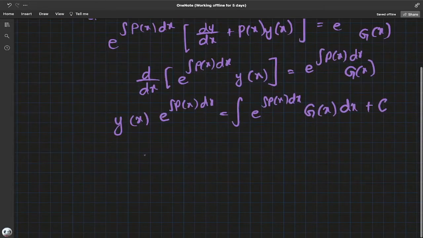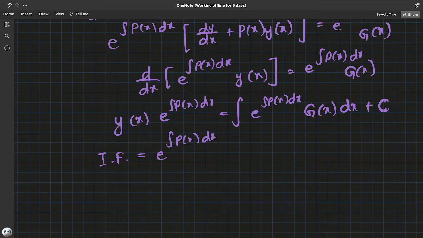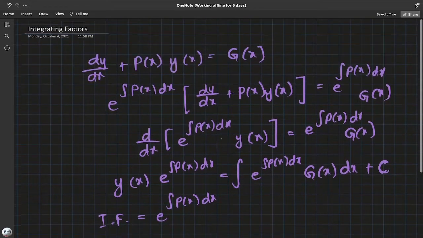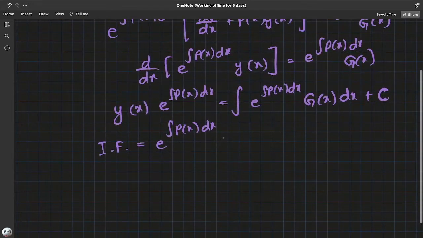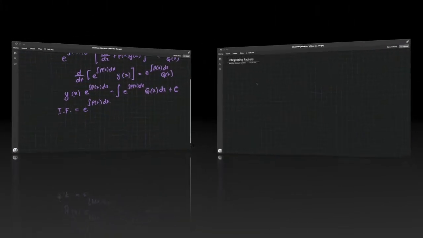Now I just want to make clear the integrating factor, we call it IF, is just e raised to the integral of p of x dx. Don't put a constant of integration up front here, because you can think of this capital C as an accumulation of all these other constants of integration, plus it makes it a little hard. Now I can do an example of this. This is a pretty neat technique.